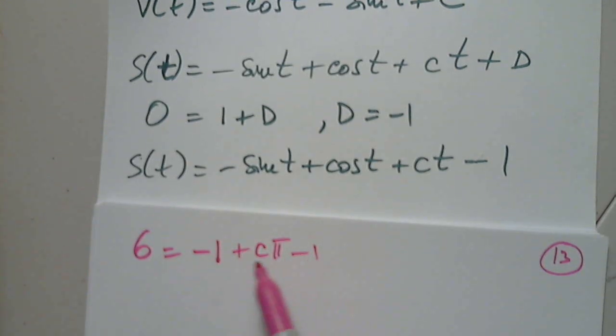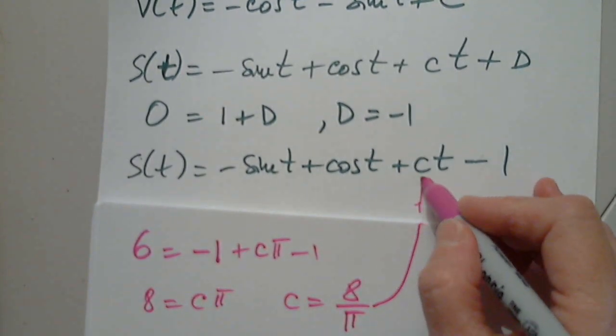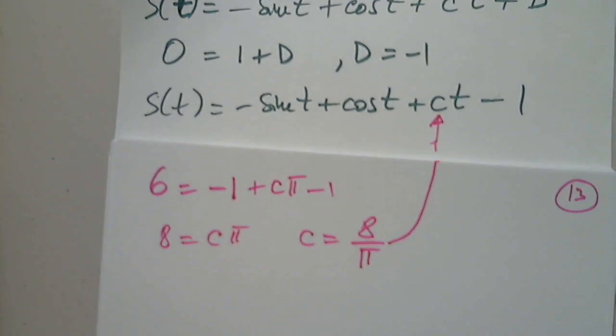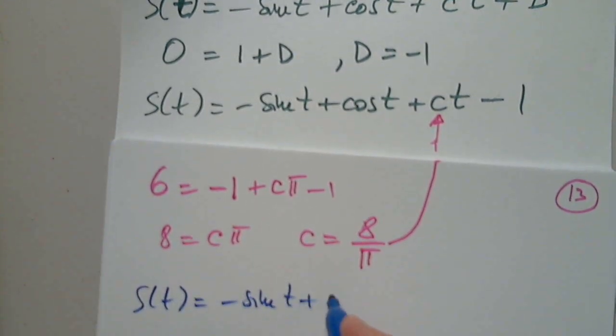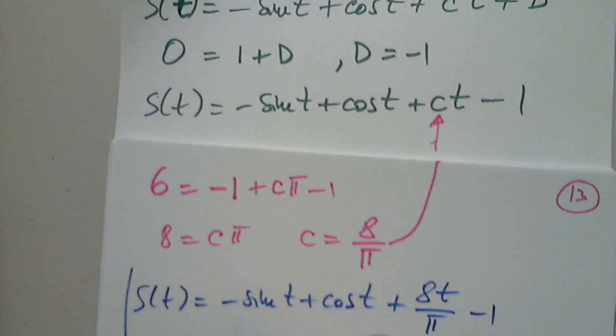So I'm adding 2 to 6, so it's 8 equals c pi. So c equals 8 over pi. And this has to be replaced here. And this is it. So finally, s of t equals negative sine t plus cosine t plus 8t over pi minus 1.